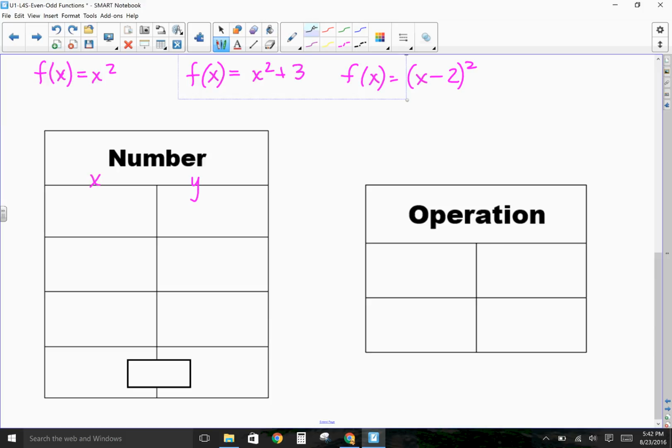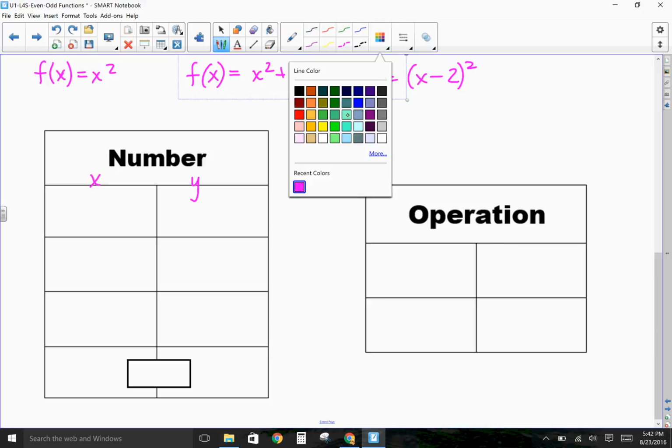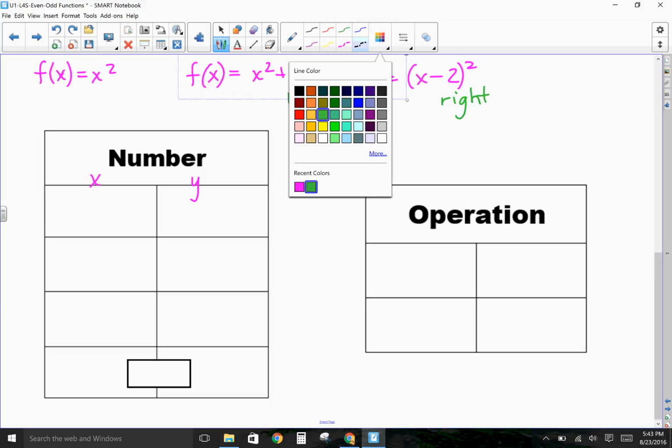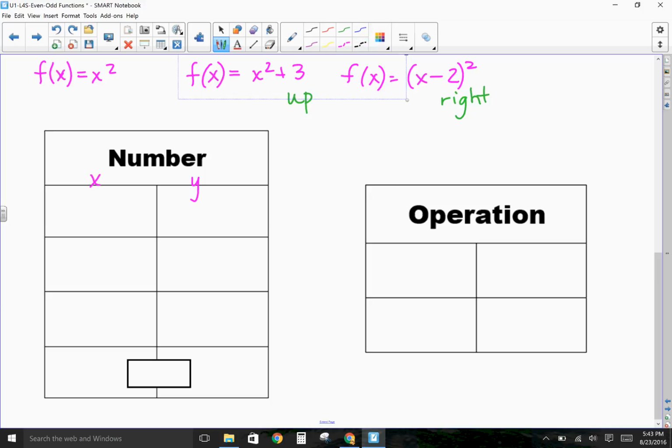They remembered that this 3 made the graph go up, shifted it up, and this 2 shifted it to the right. That prompted our discussion of the difference between the 3 and the 2: the 3 is outside the parentheses of our function, and the 2 is inside the parentheses.